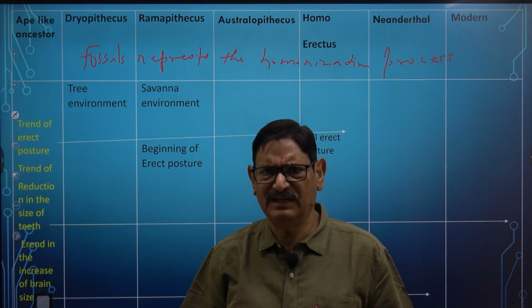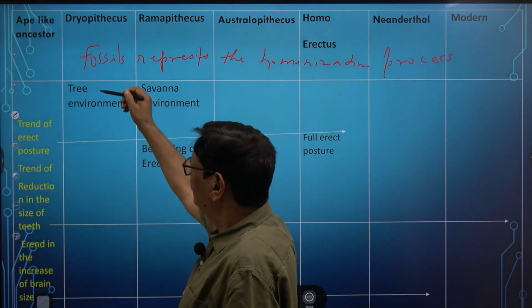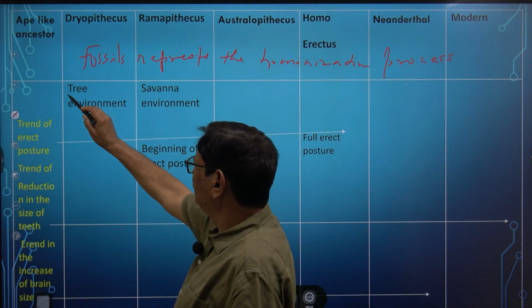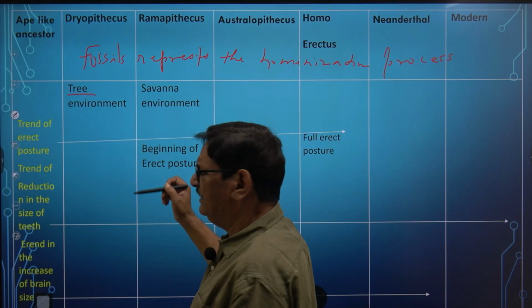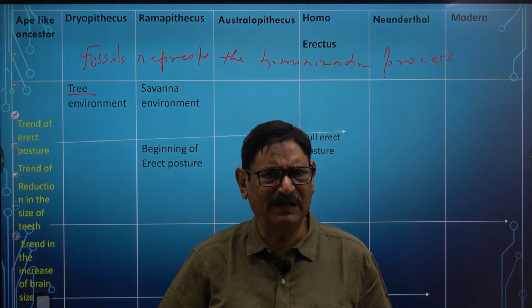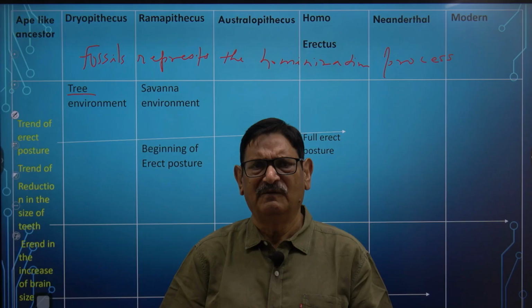First emerged the Dryopithecus. During Dryopithecus, there was a tree environment, in the period of lower and middle Miocene and lower Pliocene. During this period, the environment was full of trees.